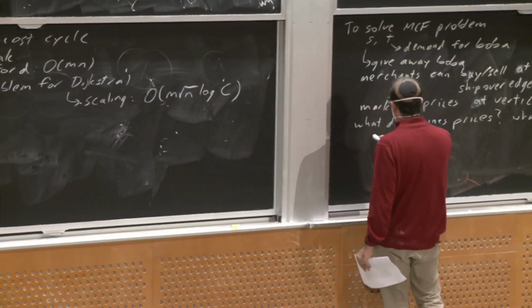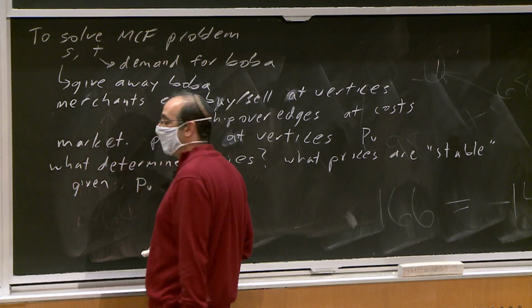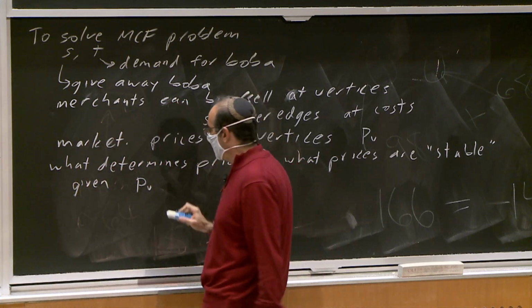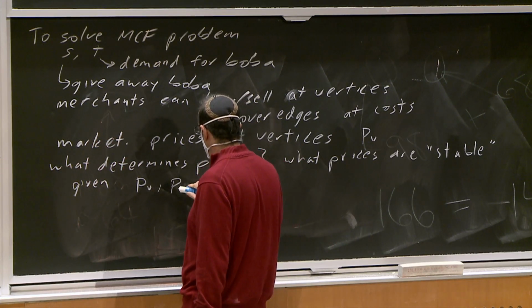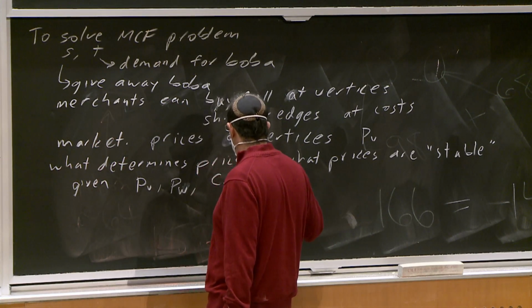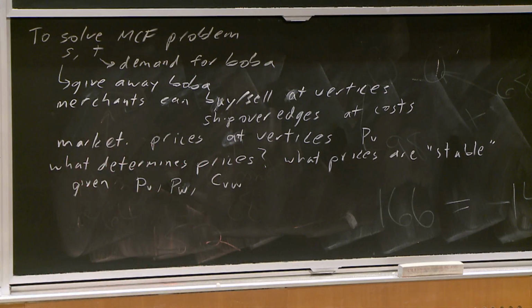So suppose that I'm given a particular price for boba at V, price for boba at W, and a cost for shipping boba from V to W.